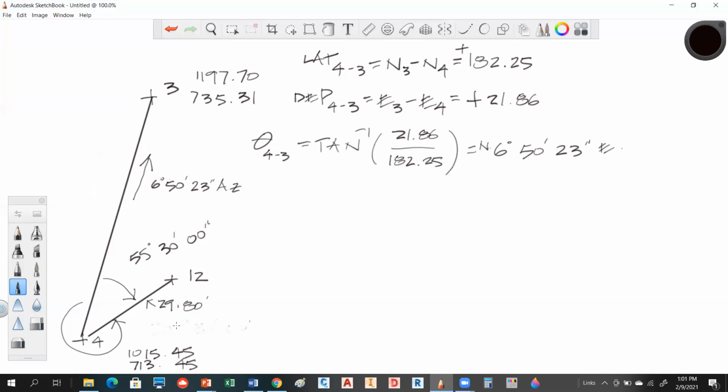Okay, so to get my foresight azimuth, this one's real simple, isn't it? You just add them. That's what we're after. So what would that foresight azimuth be?